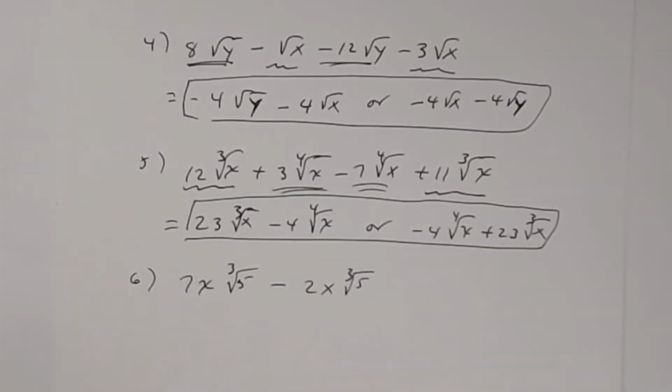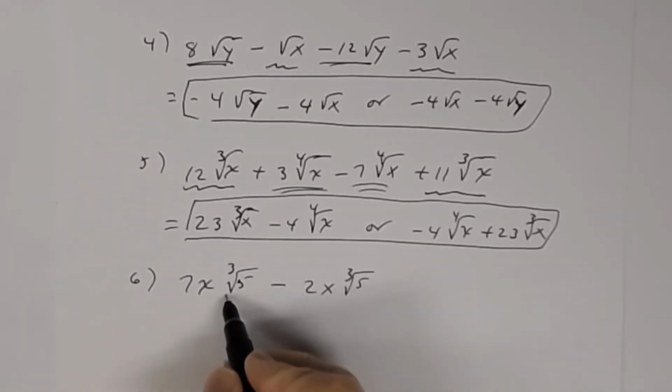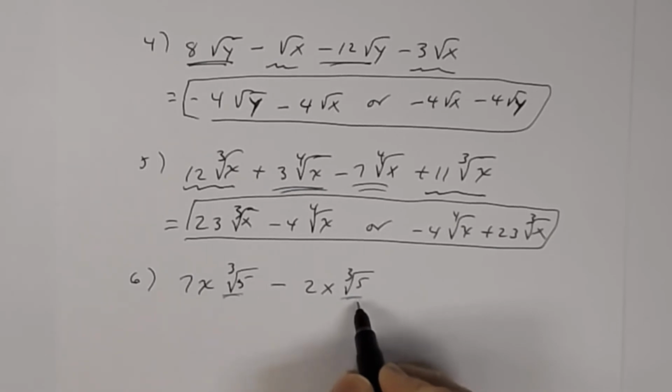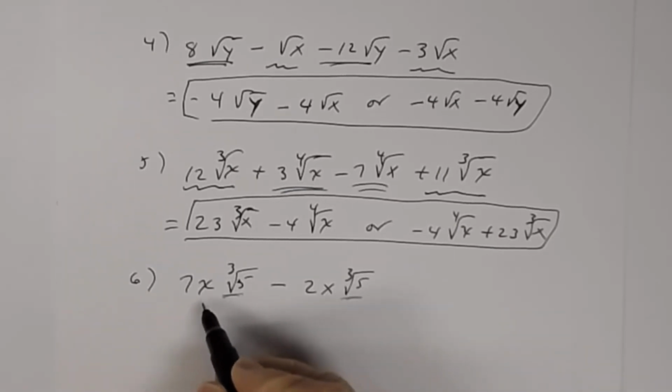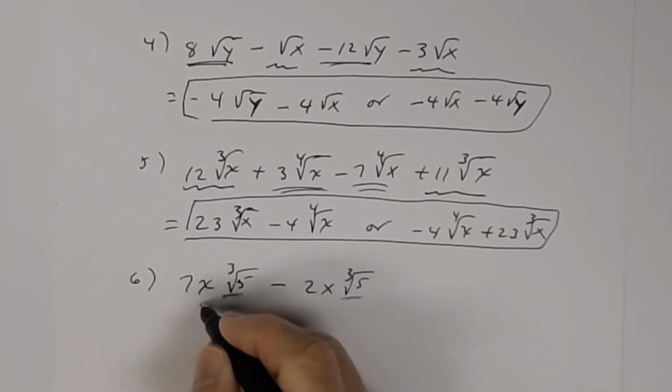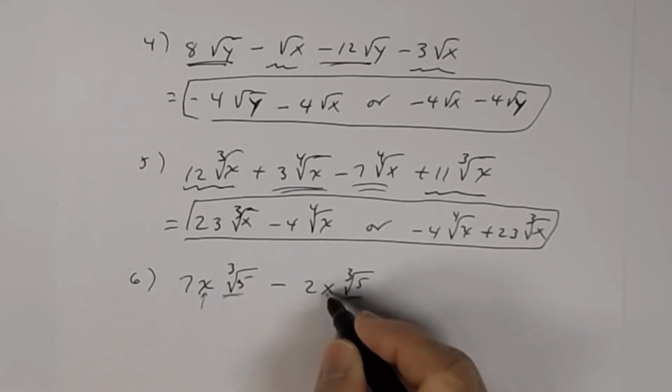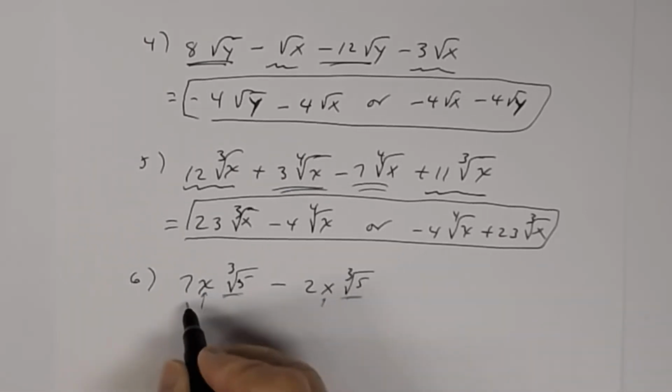Okay, so those are like terms, though, right? Those are like terms because the radicals are the same, and now that you see that variable, I have one factor of x here, x to the first, and I have one factor of x here, x to the first. So those are like terms.